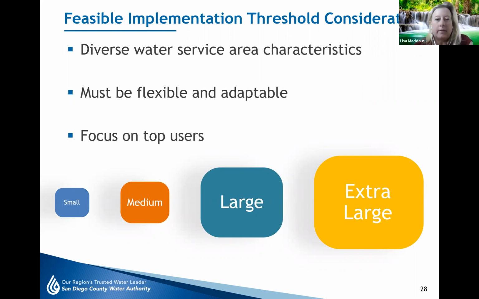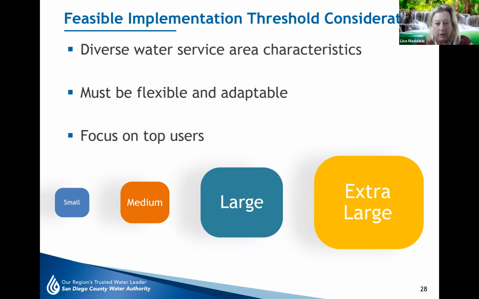Some utilities have next to none, or we actually work with some utilities that have no commercial customers. They're completely residential. And some have a large volume. LADWP has over 80,000 CII customers. So we obviously have extra large to very small to none. And so whatever we come up with must be flexible, adaptable.